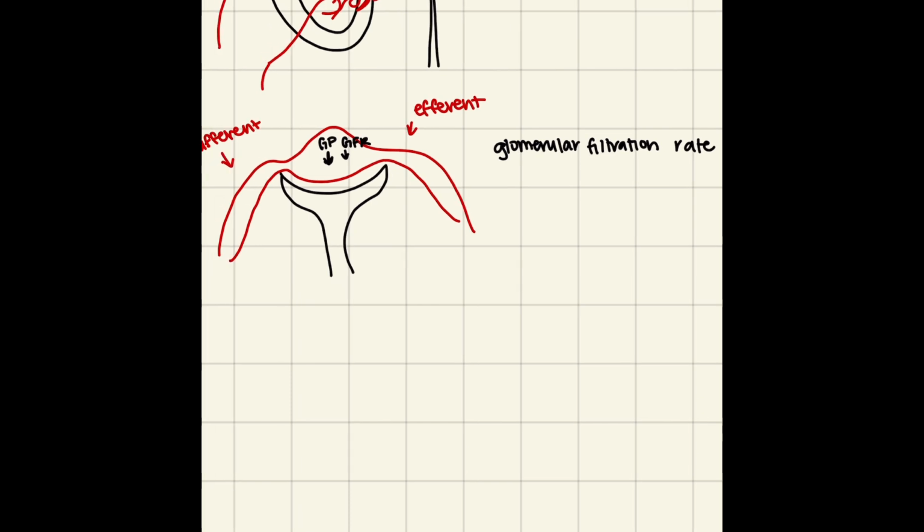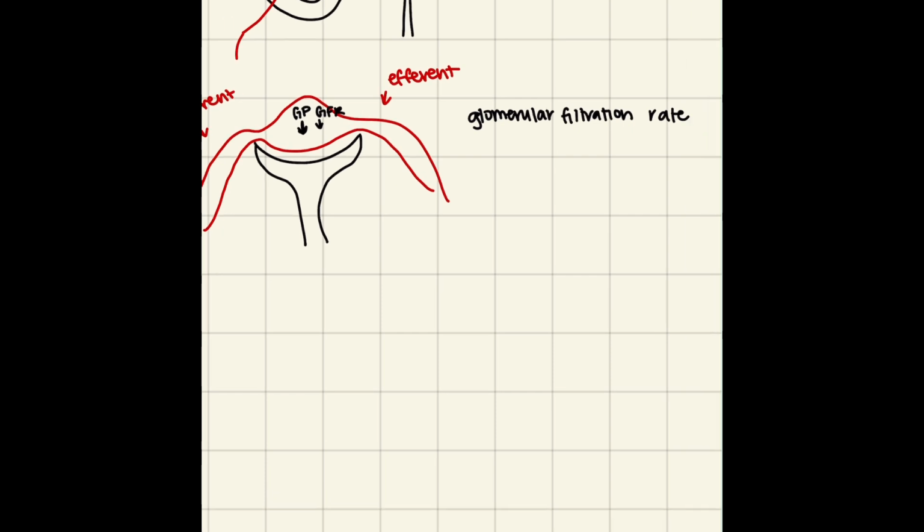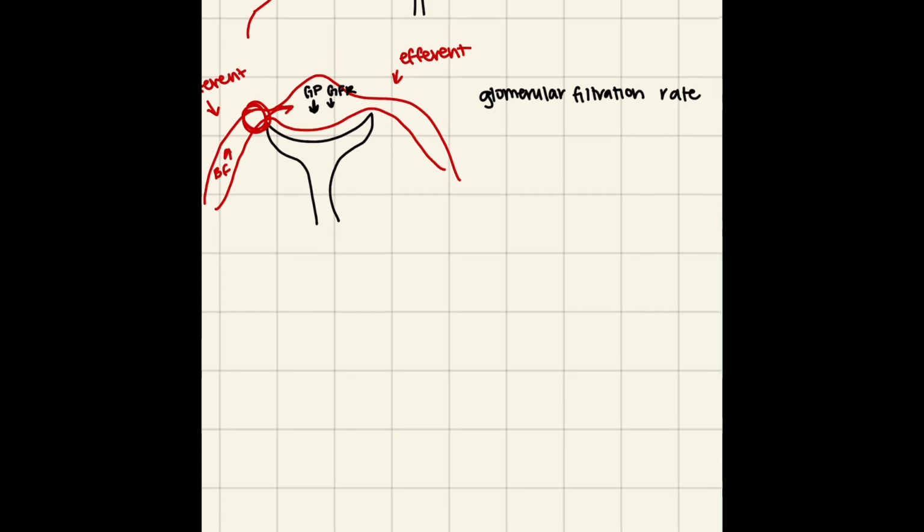If that decreases, our body is going to automatically dilate the afferent arteriole. It does this because if we make it bigger, we're allowing more blood flow into the glomerular capsule, right? So we increase blood flow here, there's more blood flow here as well, which will increase that pressure because we're increasing the volume and they have that relationship.